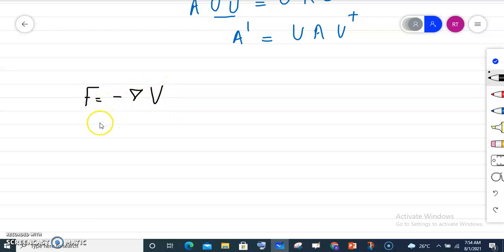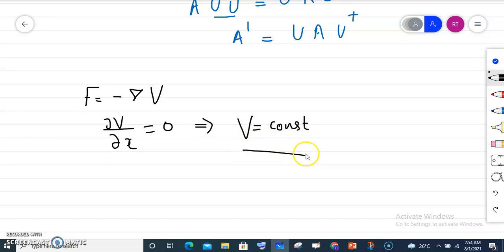So when force is 0, dV by dx is 0, and that implies our potential V is a constant.